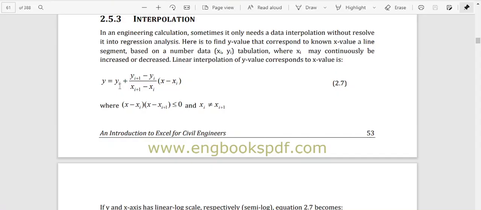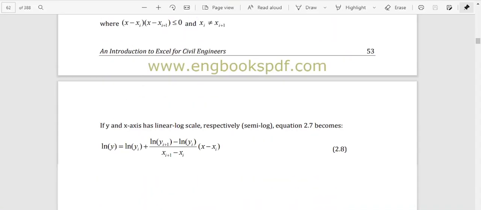What you are looking for is y. yi is known, yi plus 1 is known. So all these values, we put together so as to get the value of y. Remember, it must be a linear value for you to use this equation. So let's go down and see.